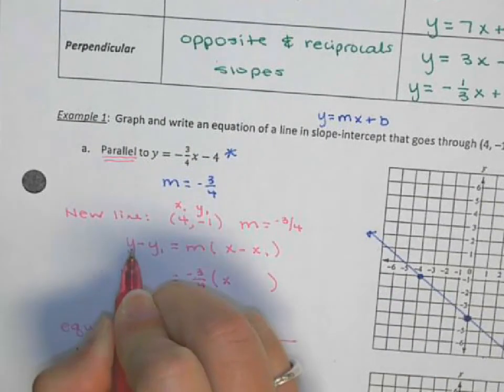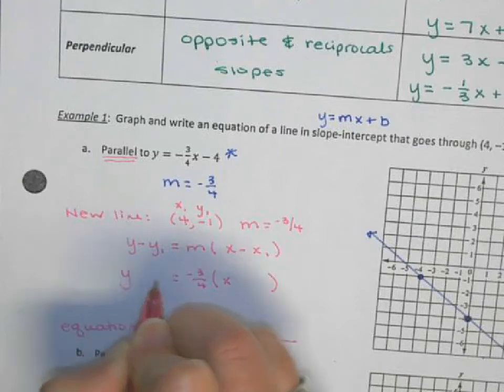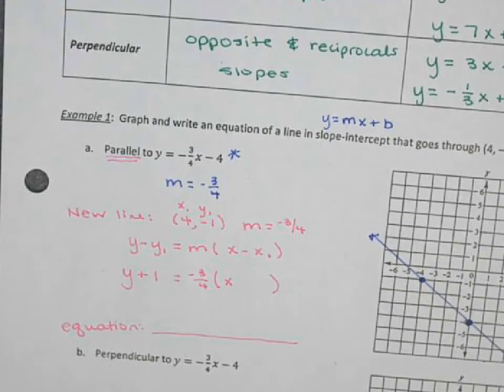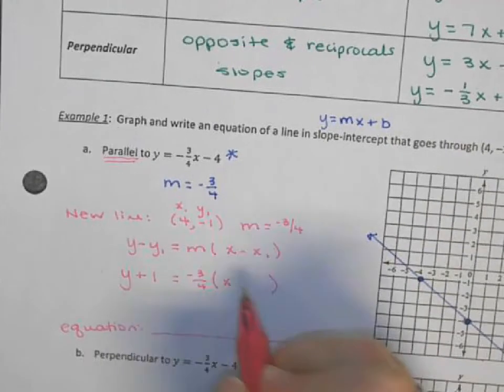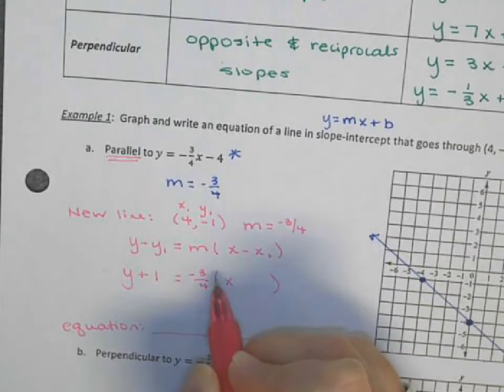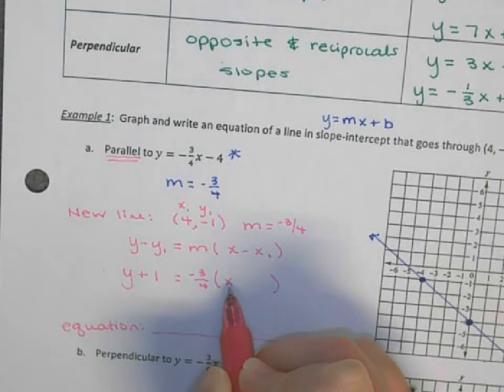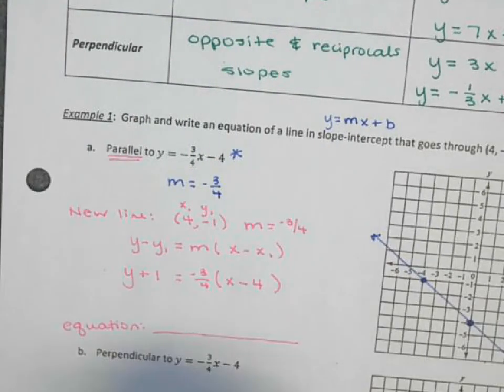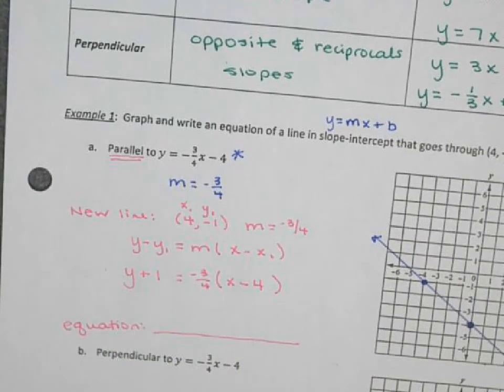So what is y minus -1 then? What's that going to turn into? y + 1, yeah, because when you subtract a negative, it changes to adding. All right, how about the x1? x - x1 turns into what? x - 4.